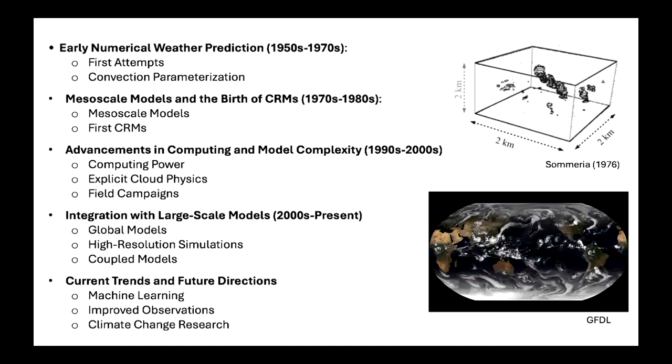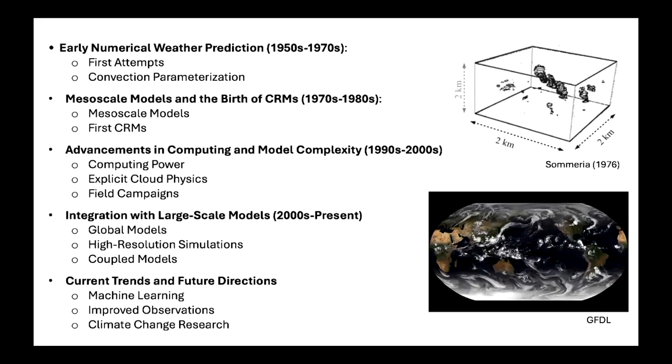As we probably know, the early development of our numerical model predictions happened during about 1950s to about 1970s. This is when we had the first attempts of developing this cloud resolving model as well. And this is also a time when there was some rapid development of our convection parameterization.